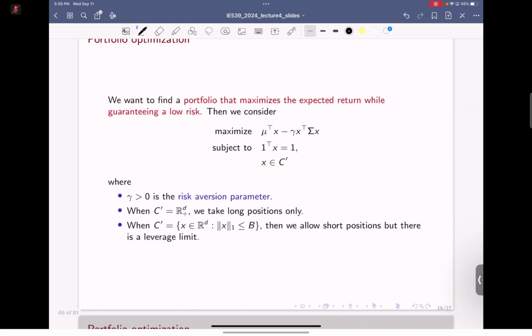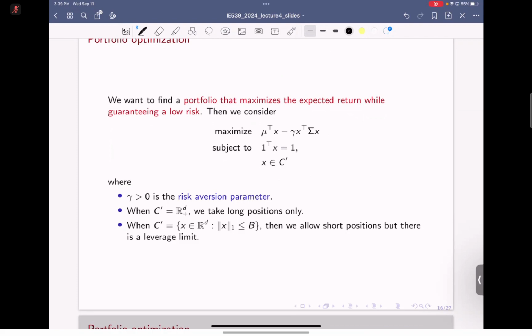Now the question is: is this a convex optimization problem? Well, first, I guess the constraint sets look okay. The first one is a hyperplane. We know that a hyperplane is a convex set, and C prime looks like some convex set. And putting these two constraints together doesn't matter, because any intersection of convex sets gives you a convex set. But what I'm concerned about is the objective.